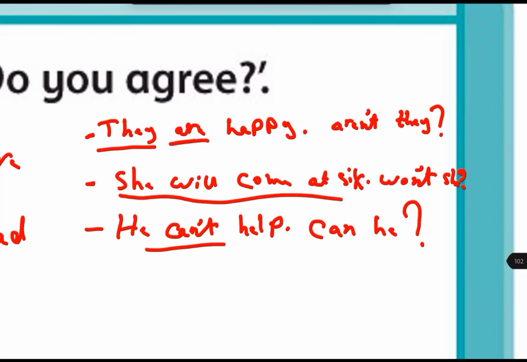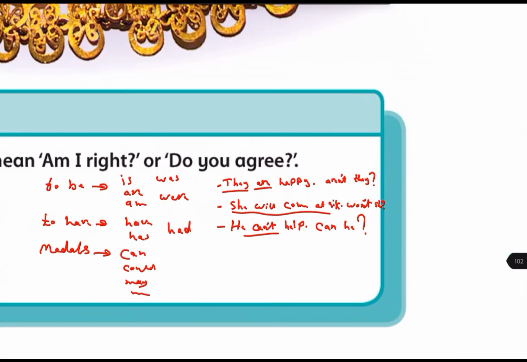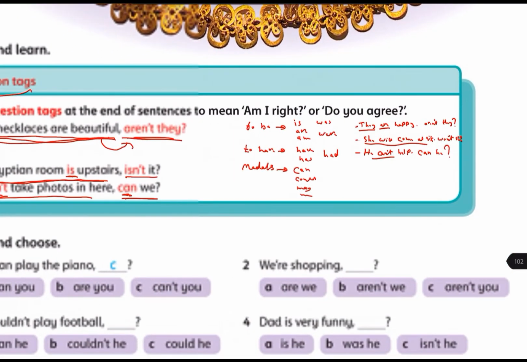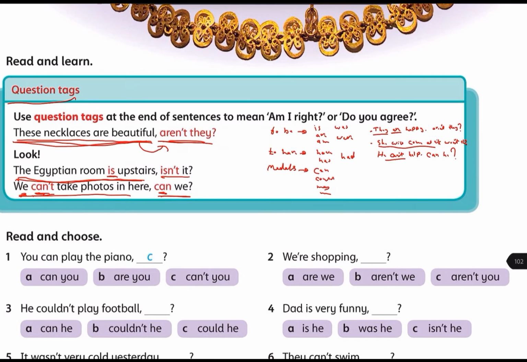So it's so easy. Hope you understand it. Just one more important point: what happens if we don't have an auxiliary verb in a sentence? For example, if our sentence is present simple or past simple, what shall we do in this case? For example, in this sentence I say they live in London.